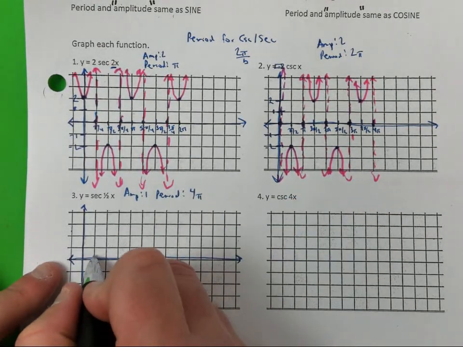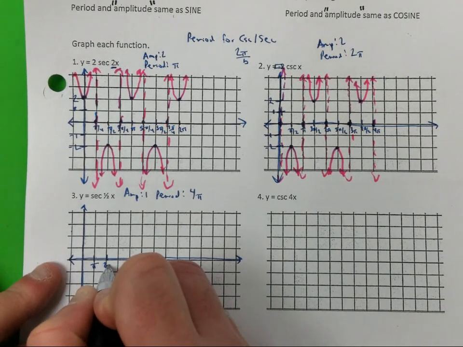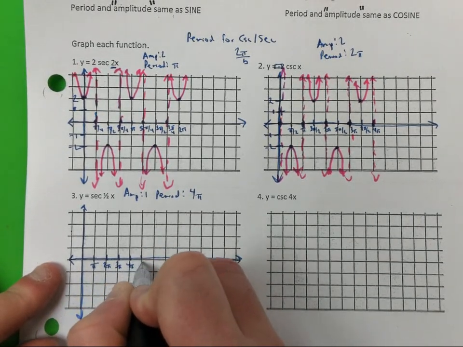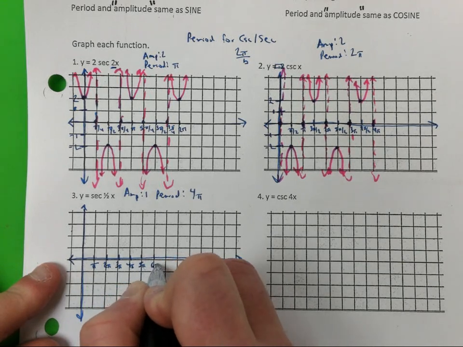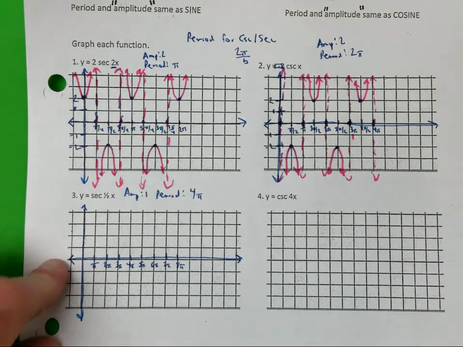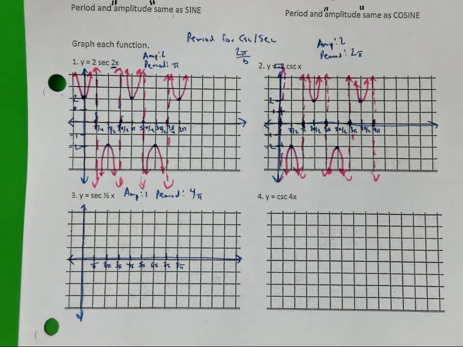Take 4 pi divided by 4, that's going to be pi, pi, 2 pi, 3 pi, 4 pi, 5 pi, 6 pi, 7 pi, 8 pi. We're graphing 2 cycles.